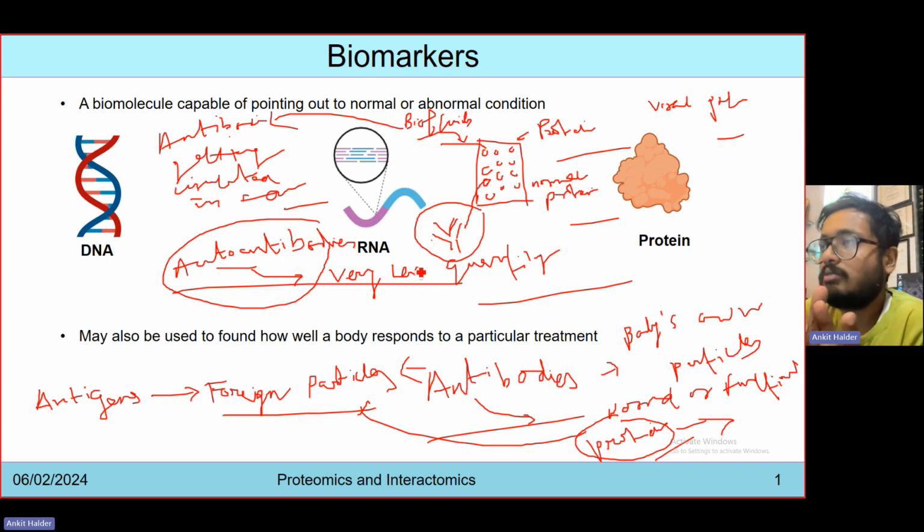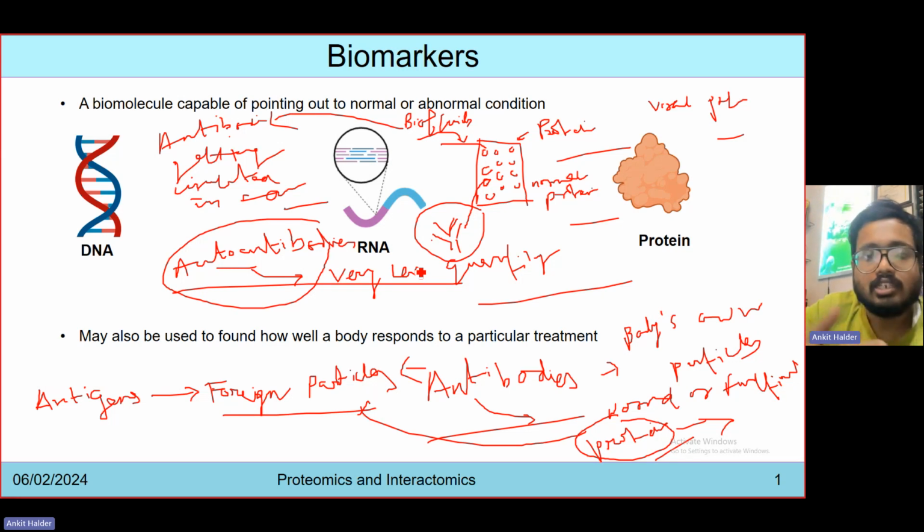The term biomarker is in a way a very big term, which can be claimed only after it is proven and has gone through a lot of approvals and clinical trials, showing that monitoring that particular biomolecule, whether it is DNA, RNA, or protein, can let us know about various diseases or abnormal conditions.